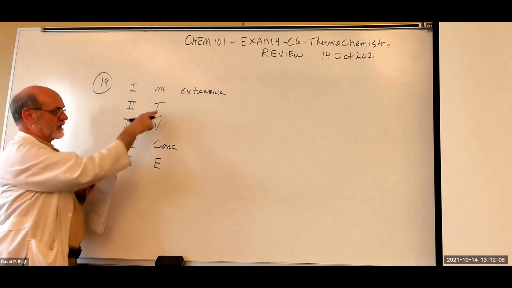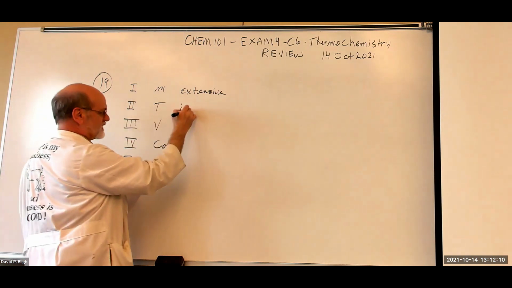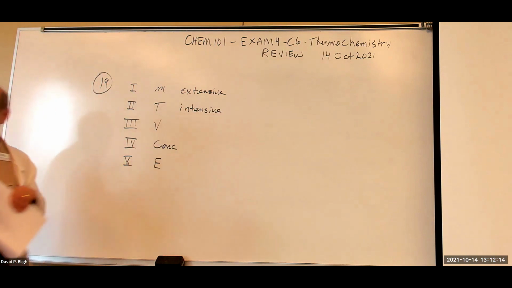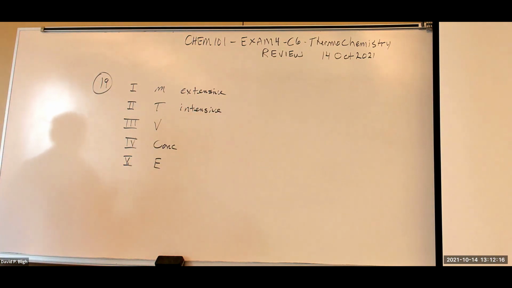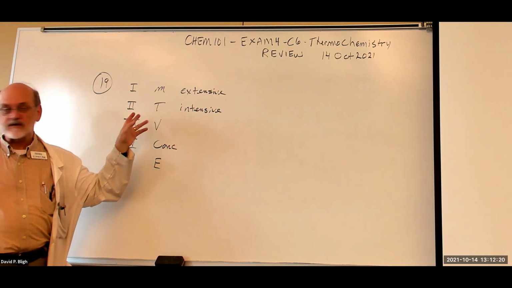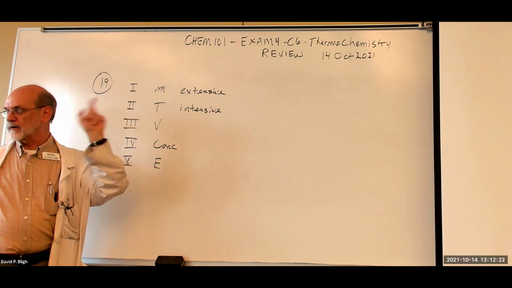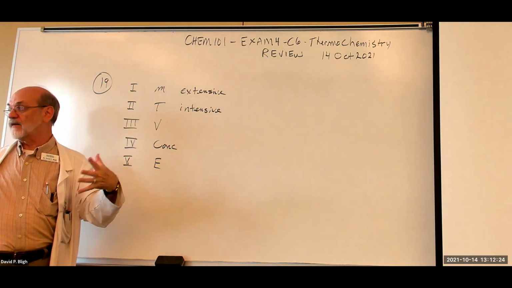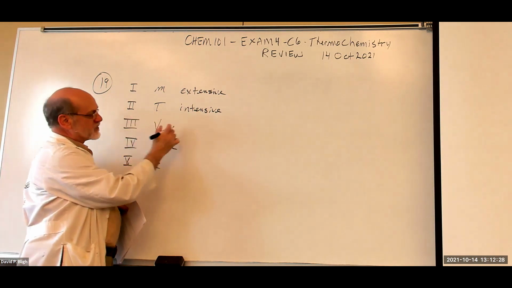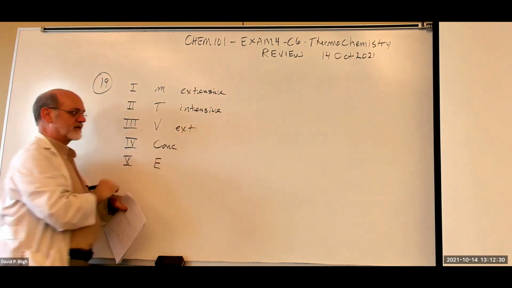How about temperature? That's intensive. Any place you measure a substance, once the homogeneous temperature is established in the substance, temperature will not change anywhere you look, no matter how much of the substance you have. Temperature is intensive. The more substance you have, volume increases.